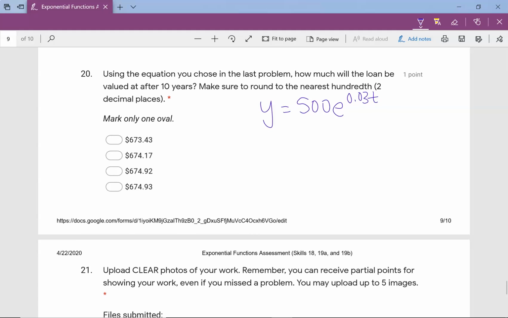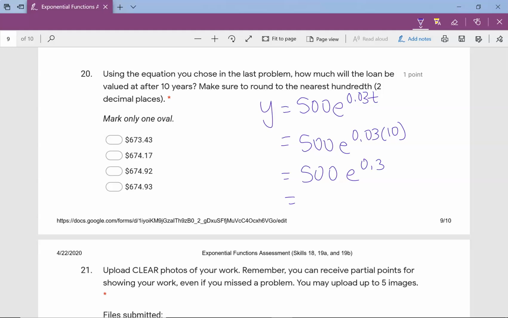So I'm going to write that down. And it says, how much will the loan be valued at after 10 years? So I'm going to replace t with 10. Remember, e is a number, not a variable, so you have to use the e button on your calculator. 0.03 times 10 is 0.3. So we're going to use our calculator for this, 500.